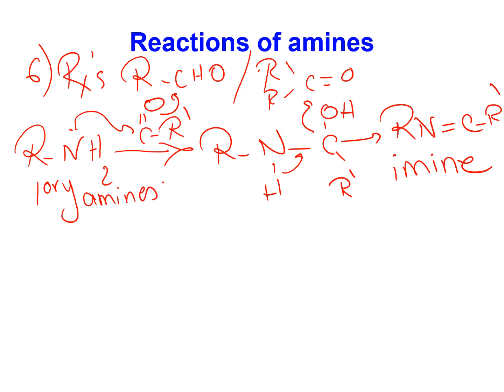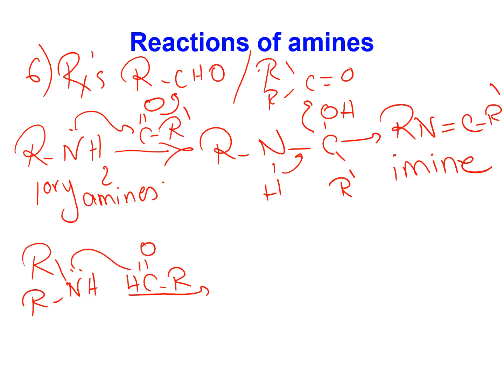However, if we use a secondary amine, the first step will be exactly the same, and you will have the amine attached to the hydroxy form of the carbonyl compound. Now your nitrogen has no hydrogen, as in the case of the primary, because it's now carrying two R's.